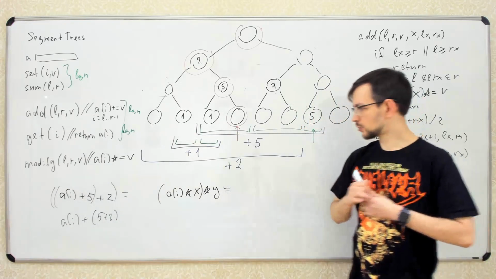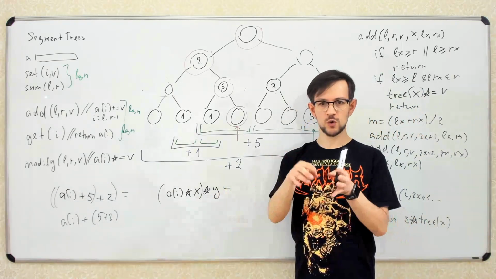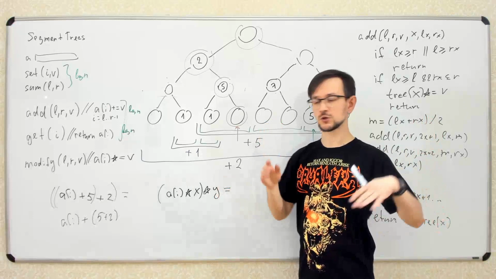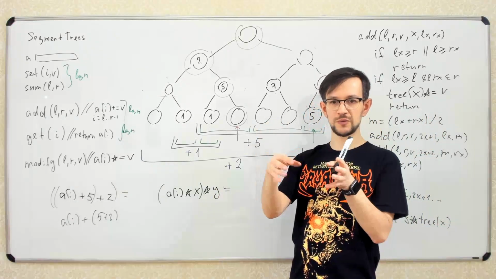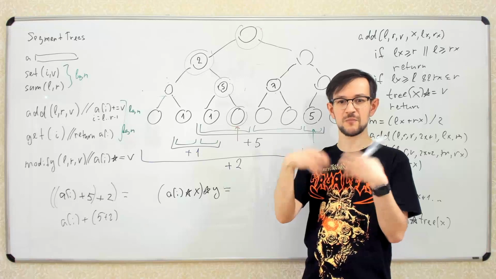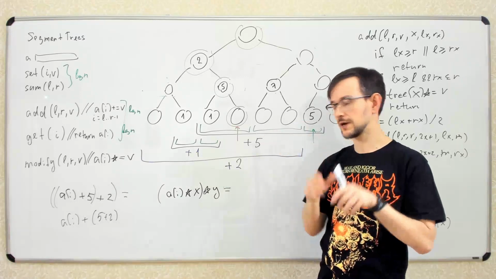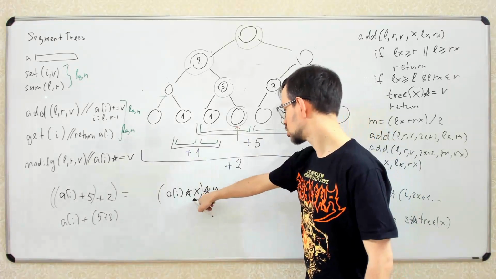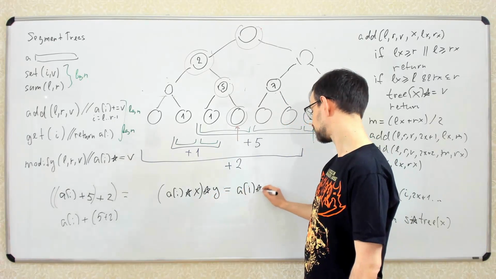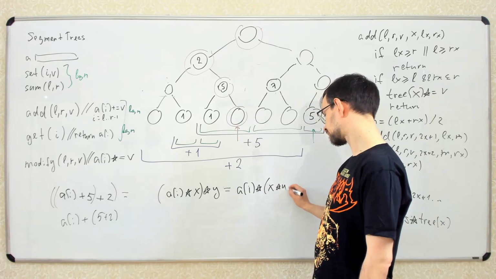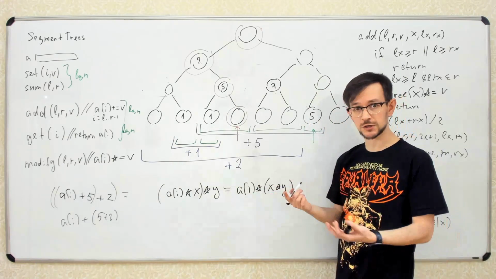I should be able to change these two operations with some mega operation, right? So I want to make some combination of two operations to be an operation of the same type. I want to change these two operations with one operation. And that's associativity.